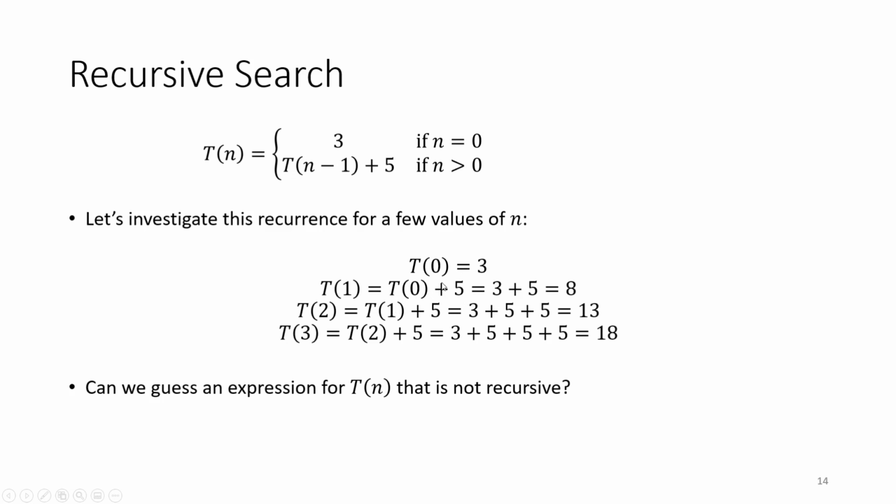So what does that mean? We should write this as t of n is equal to 5 times n plus 3. 5 times n plus 3, or 3 plus 5n, is the same idea here. The 3 is just the number, and the copies of the 5 are determined by whatever argument we have here.